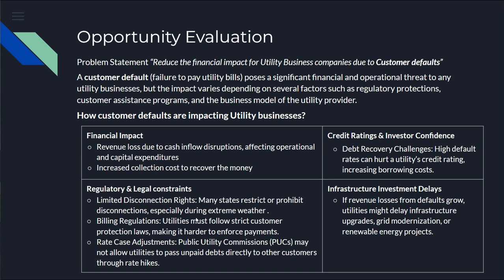So, infrastructure and investment delays. Most of these utility businesses enhance their infrastructure from the money they make from the customers who are supposed to pay the bill. So it impacts their infrastructure investment.